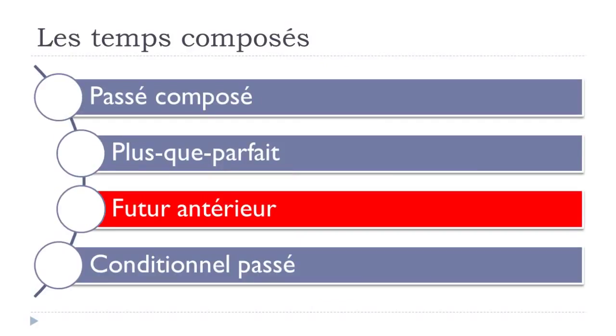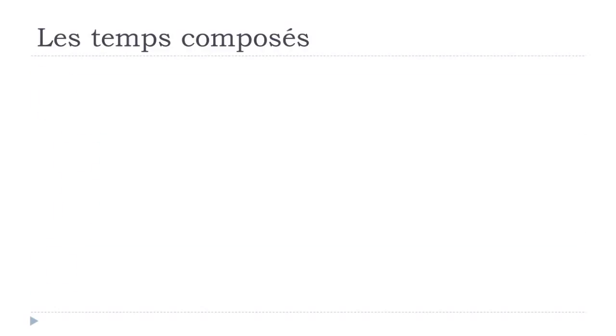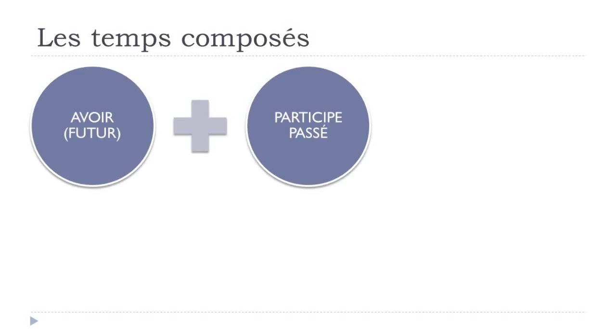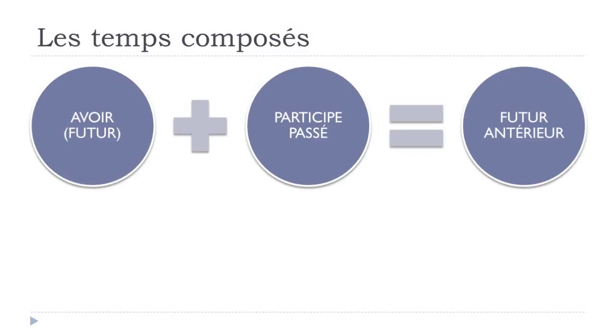Now, the other tense we saw was futur antérieur. And futur antérieur, remember, exactly the same construction, but then avoir should be conjugated at the future, the futur, and then le participe passé, and it will give you futur antérieur.